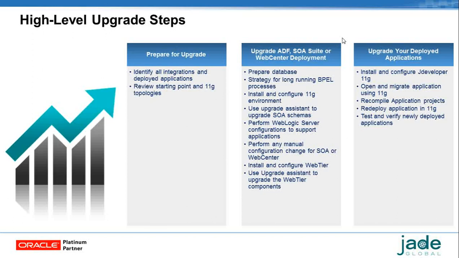About the deployed applications, we need to install and configure JDeveloper 11g, and we need to open and migrate the applications using 11g. Some of the projects require recompilation, and some of the applications need to be redeployed in 11g. And finally, we need to test and verify the newly deployed applications for correct functioning.